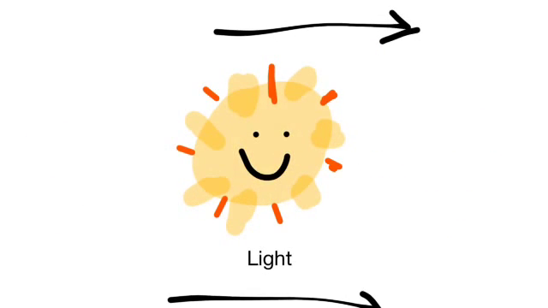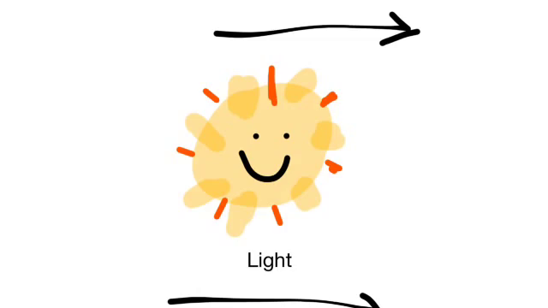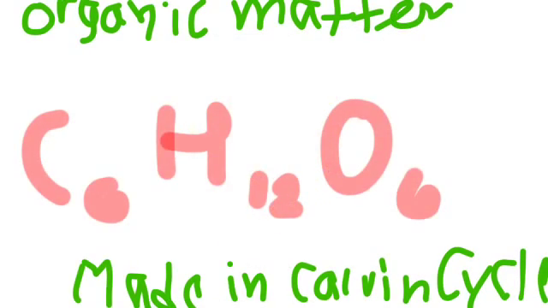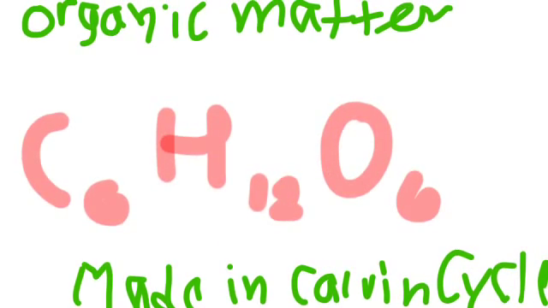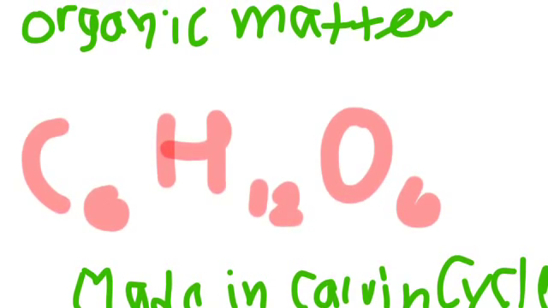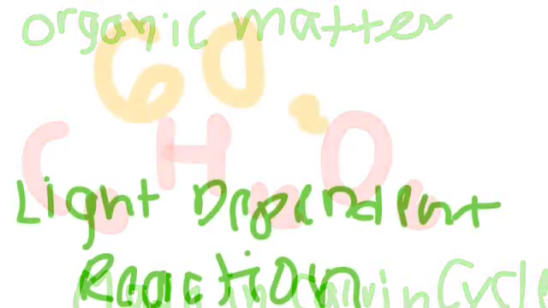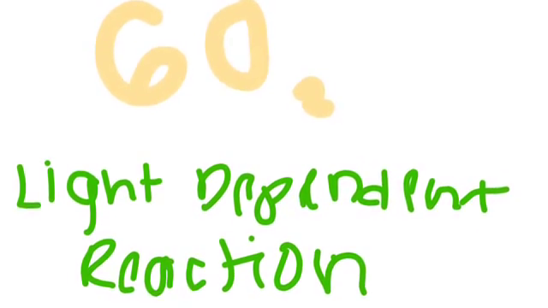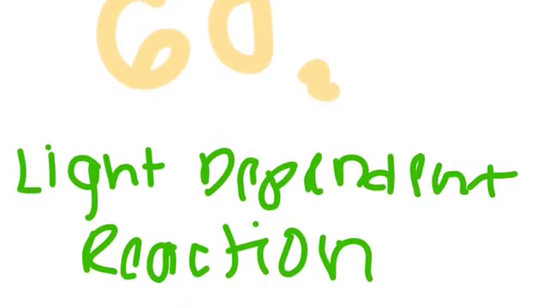And then the light energy turns it into the products. The C6H12O6 is organic material which is made during the Calvin cycle. And 6 O2 is oxygen, which is a waste product of light-dependent reactions.